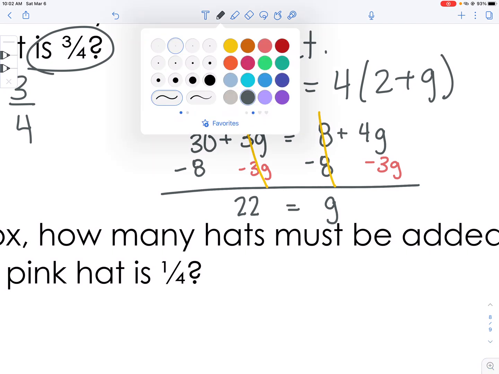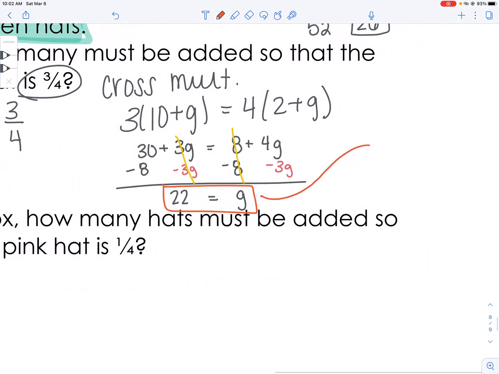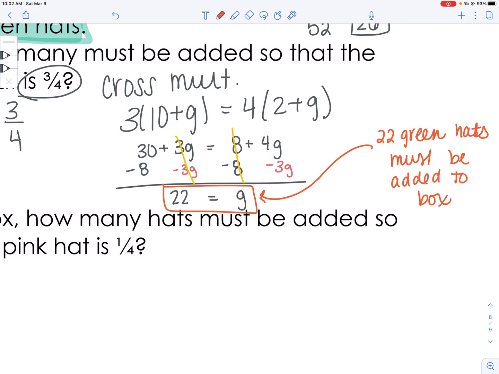Now what that says is that 22 green hats must be added to the box so that the probability then becomes 3 out of 4.